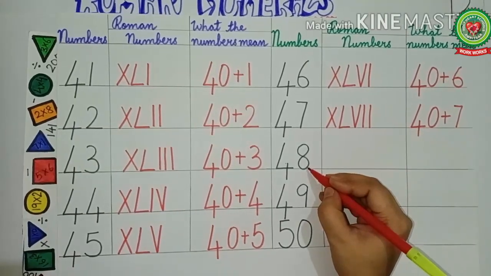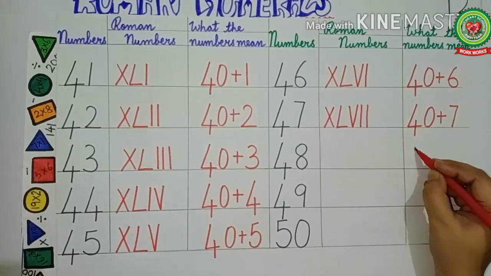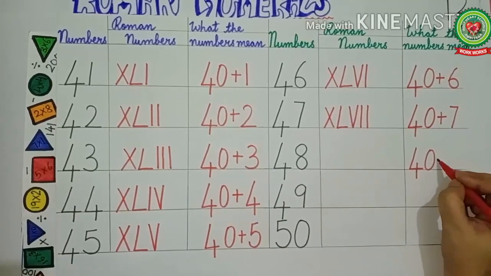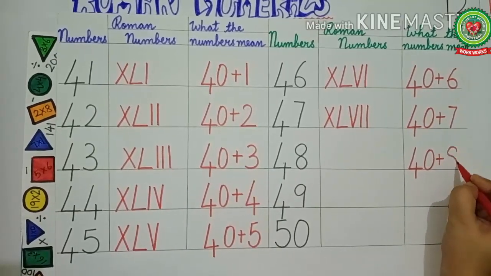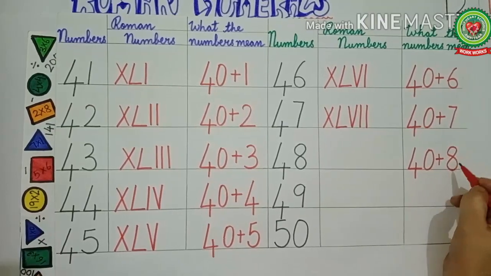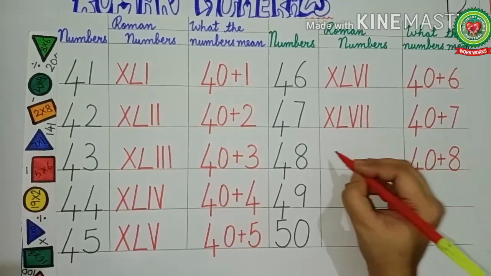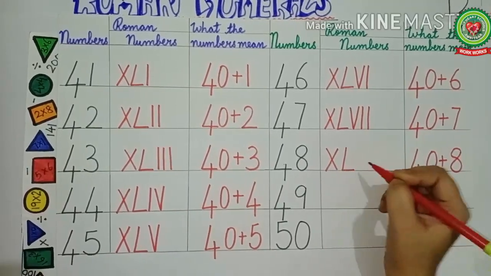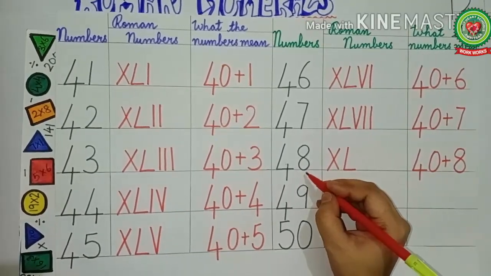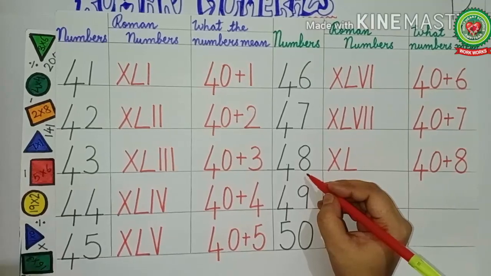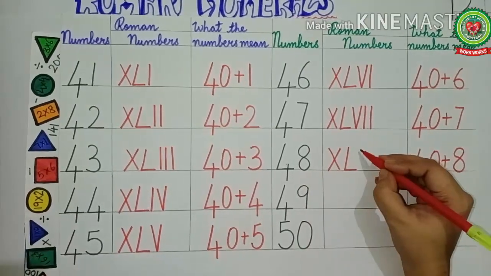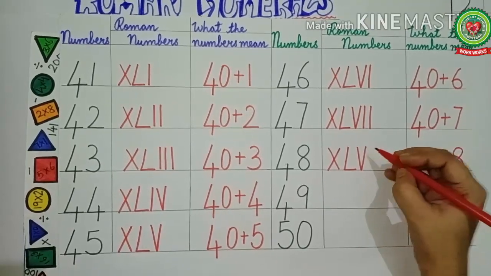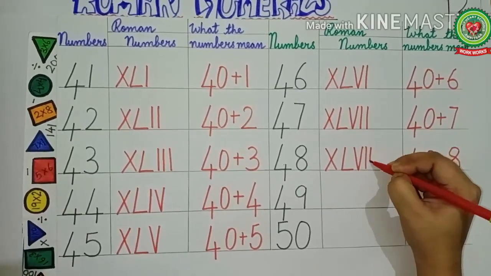Next is 48. 48 means 40 plus 8. Now how do we write 40 again? XL. Now what is the meaning of 8? 8 means 5 plus 3. So how do we write 5? That is V. And how do we write 3? That is III.